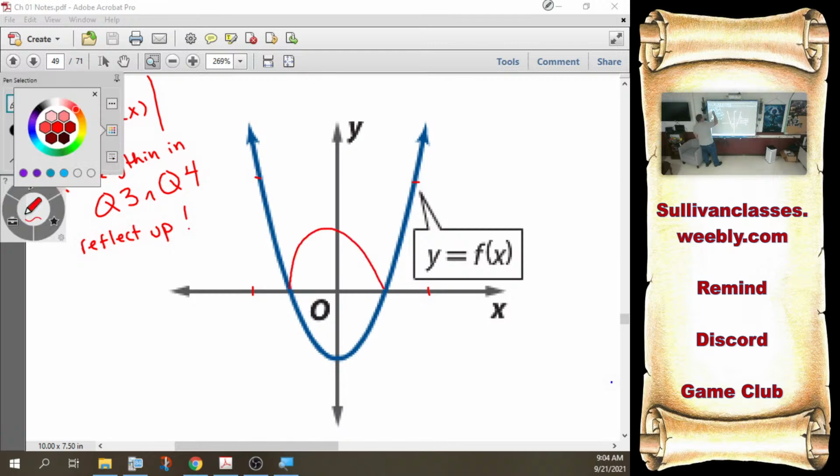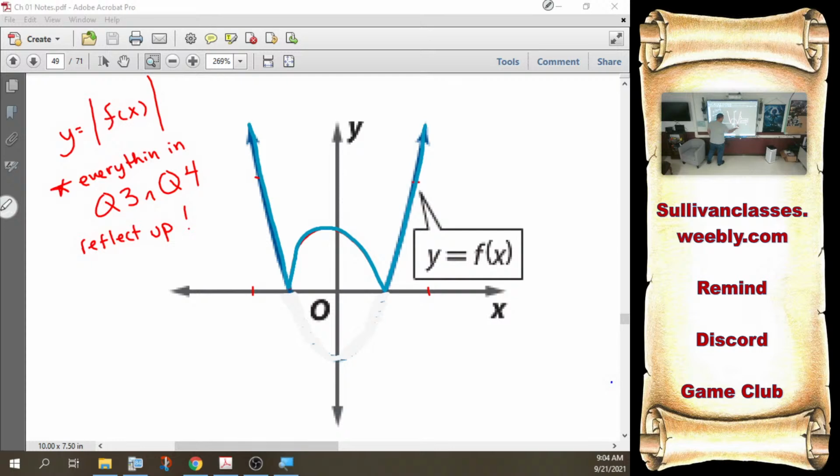But then, since all that stuff is above the x-axis now, you got to get rid of this. So if I absolute value the entire function, everything comes up above the x-axis.